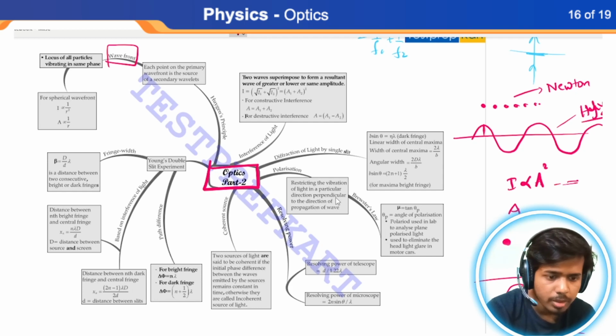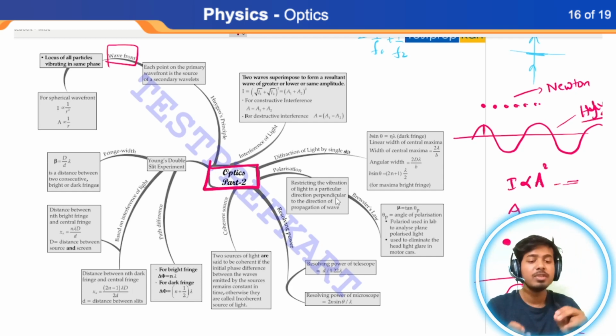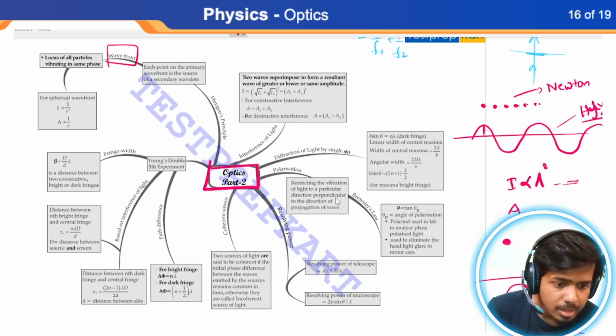All the surfaces which are slightly above the surface of the water appear to be in a concentric circle. Then all these points which are in phase, having no phase difference between them, these are called the locus of these points. Whatever shape they form is called a wavefront.